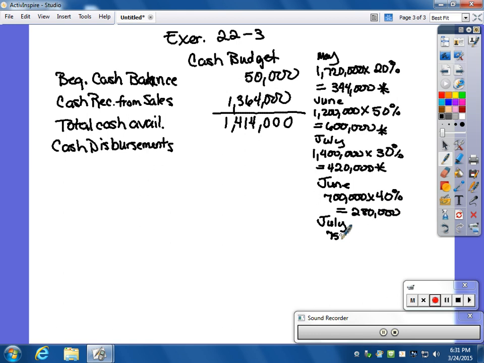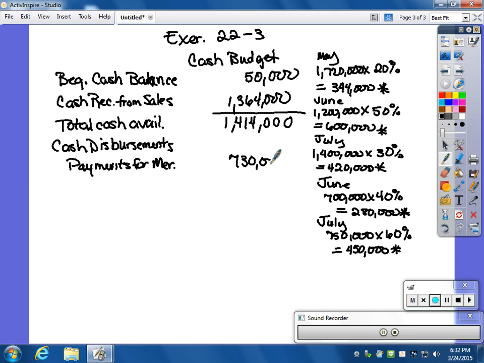Then July was 750,000 times 60%, which gives us 450,000. Adding these two together, payments for merchandise are 730,000.